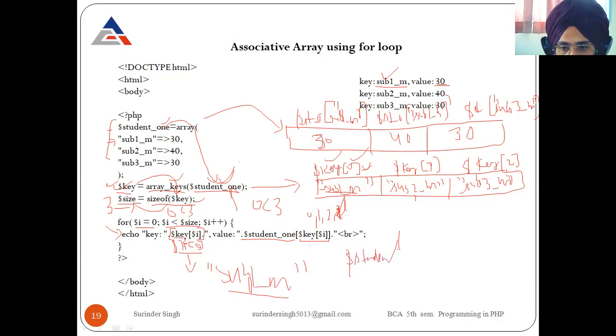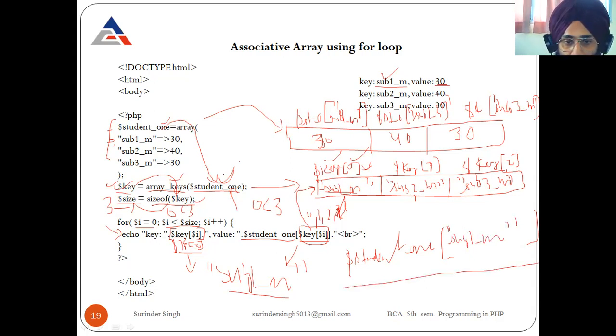This key is stored here in double quotes as subject 1 underscore m. Now what does it return?